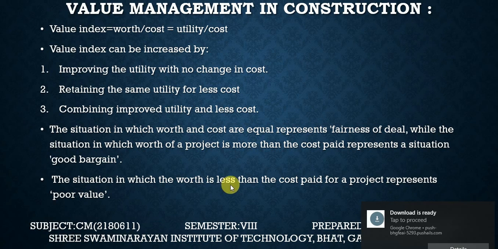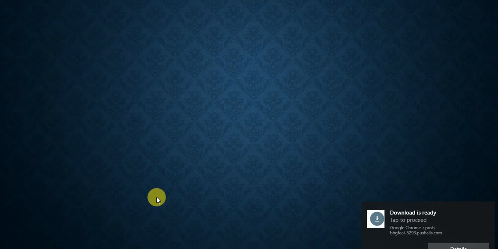The situation in which the worth is less than the cost, इसमें worth और cost का difference समझाया गया है. तो for example दोनों equal है, तो that is fairness of the deal बोल सकते हैं. While the situation in which the worth of the project is more than the cost paid represents the situation of a good bargain. Then the situation in which the worth is less than the cost paid for the project represents a poor value.